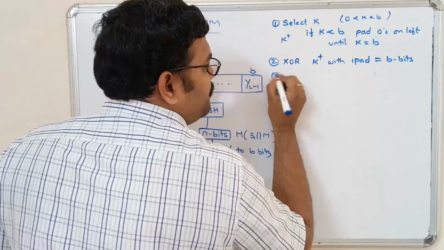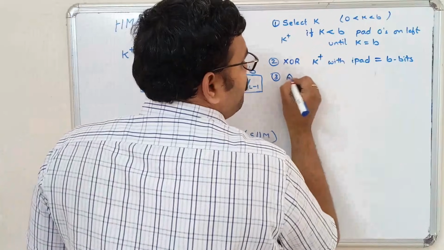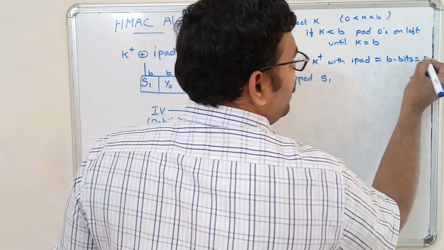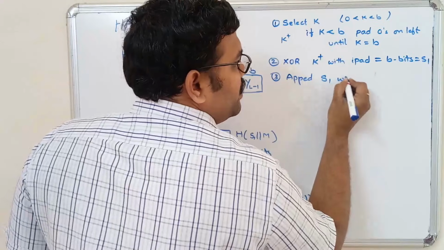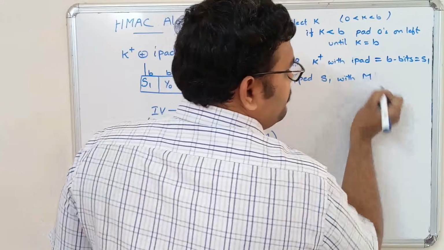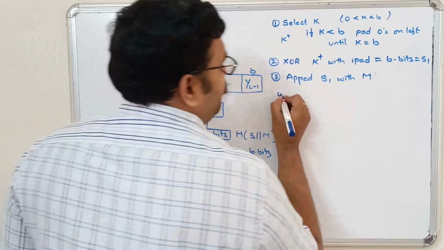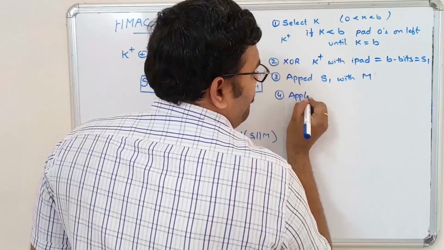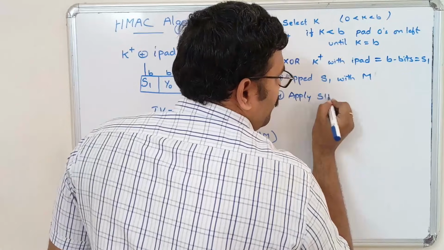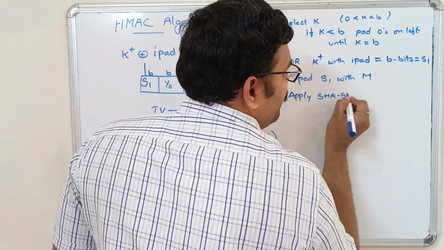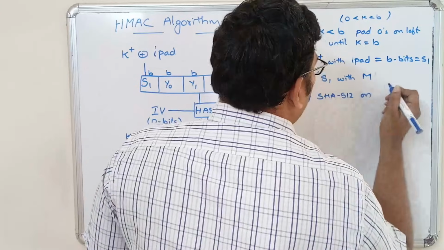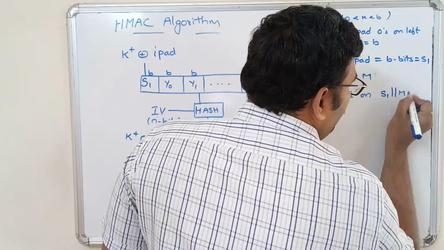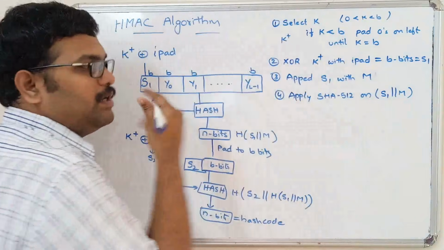Next, third step, append S1, so this is called S1, with plain text message. Fourth, now apply SHA-512 on S1 appended with M. That means the output of step 3.